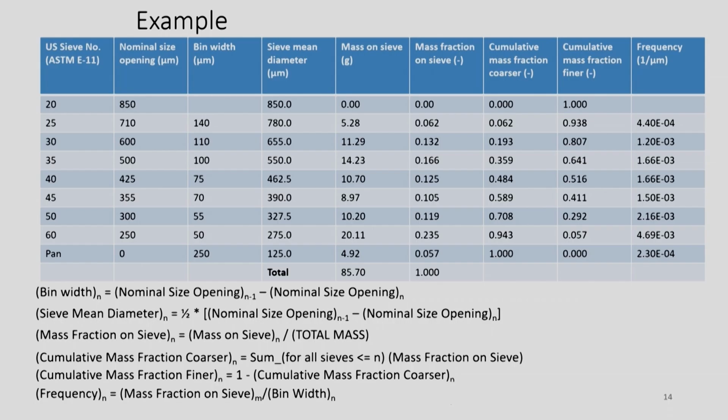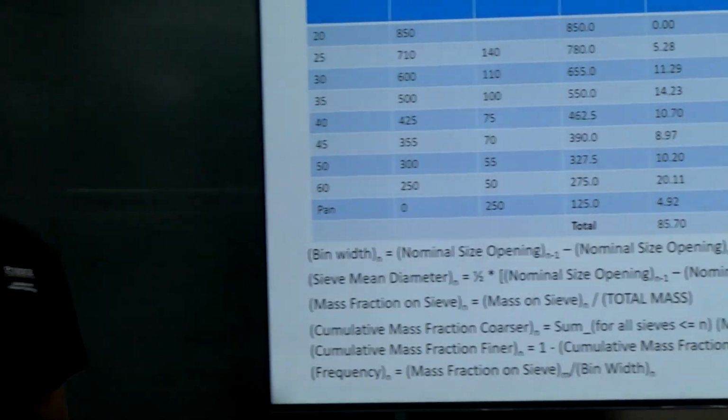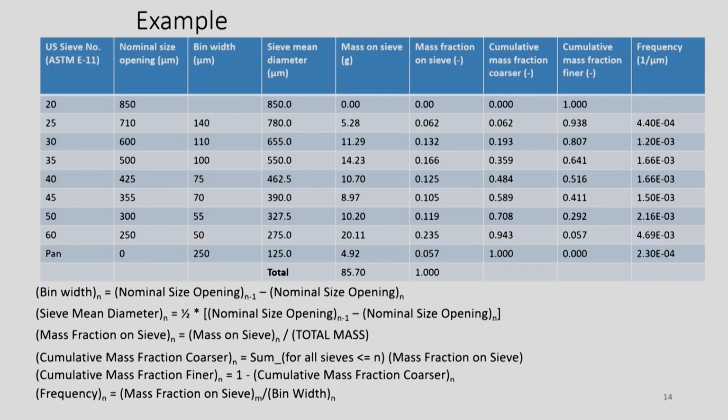So for this example, we don't have to calculate. But I was planning to have you do the calculations, so are you guys ready to do the calculation and plot it? So this is again a particle size distribution in a specific range.